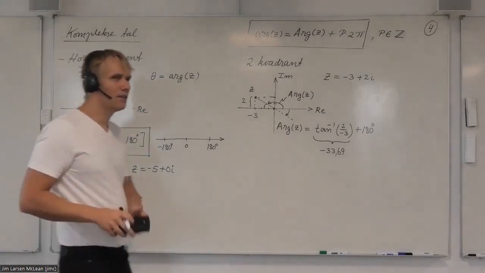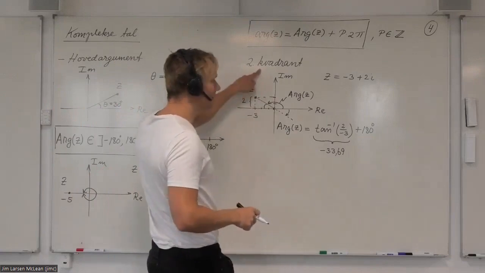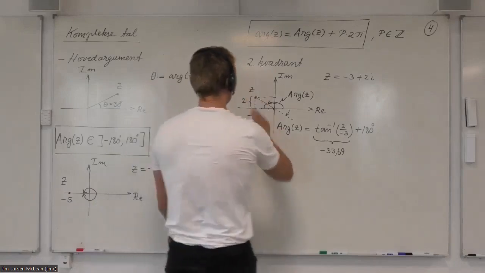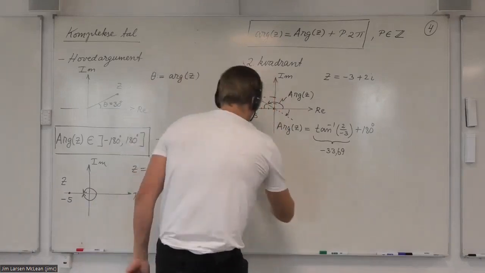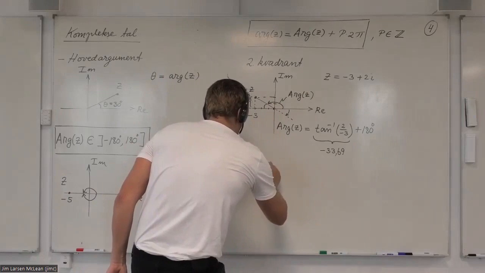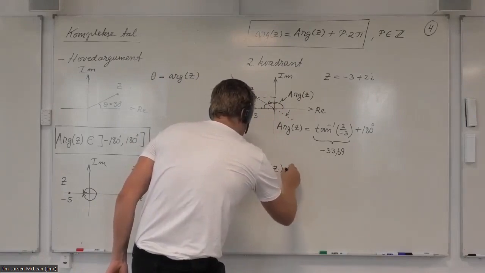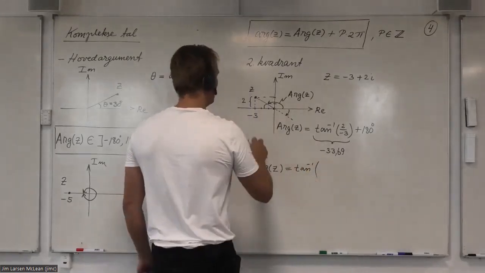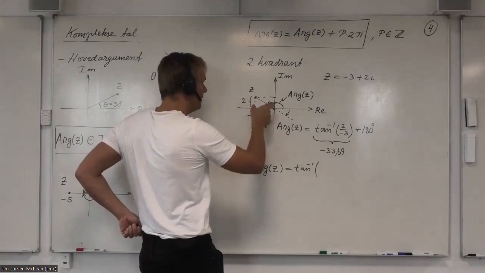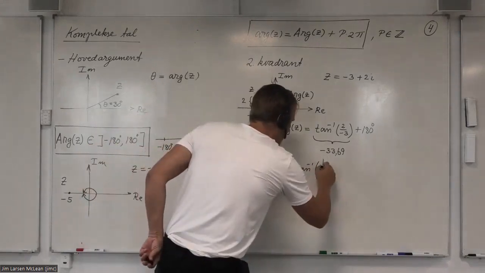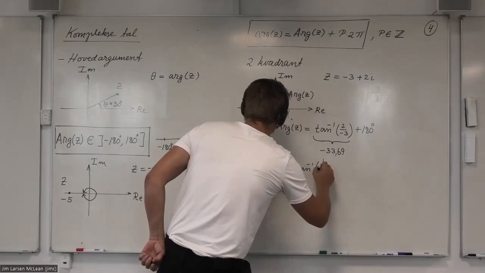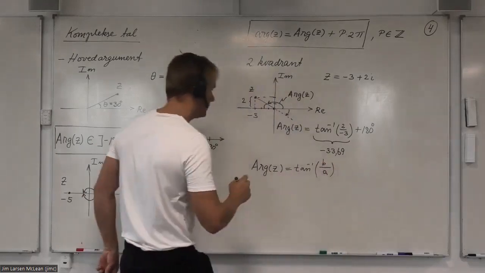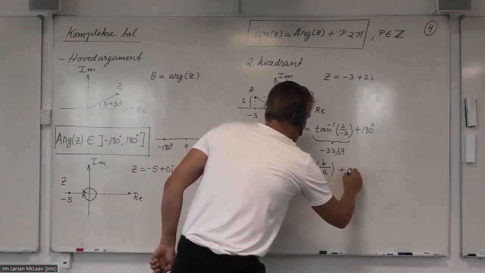And if we write it more generally, if you're in the second quadrant, what applies then? If you're somewhere over here, then you can always find the main argument like this. You just take the inverse tangent of b divided by a, where b is the imaginary part and a is the real part, and you just add 180 degrees.